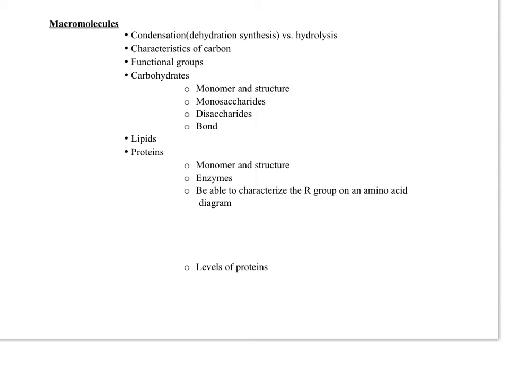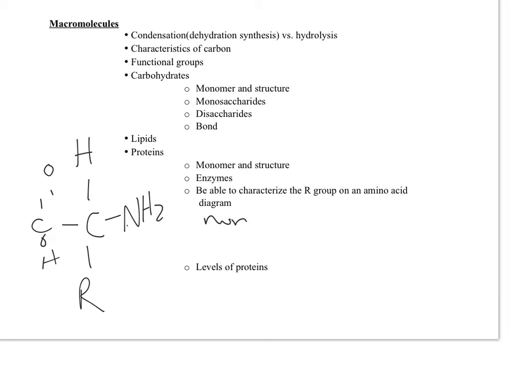So there's basically two main categories. If you remember, you've got your essential carbon, your hydrogen, we did this in class, your amino group, your carboxyl group, and then your R group. The R can be either nonpolar or polar.